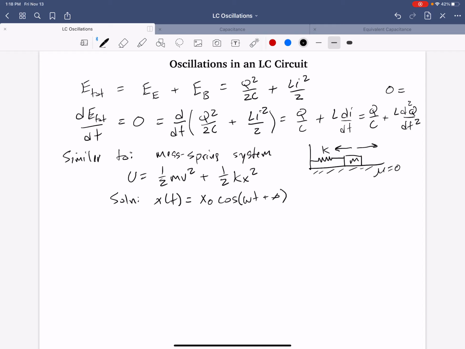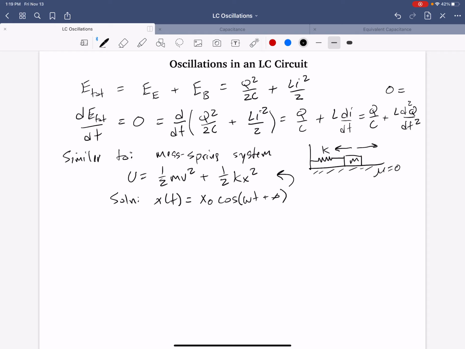Remember this omega was the angular frequency, t is time, and phi here is some phase constant that's determinable based upon boundary conditions, right? I don't want to go too far into that yet. But this is the form of the solution to the energy equation right there.